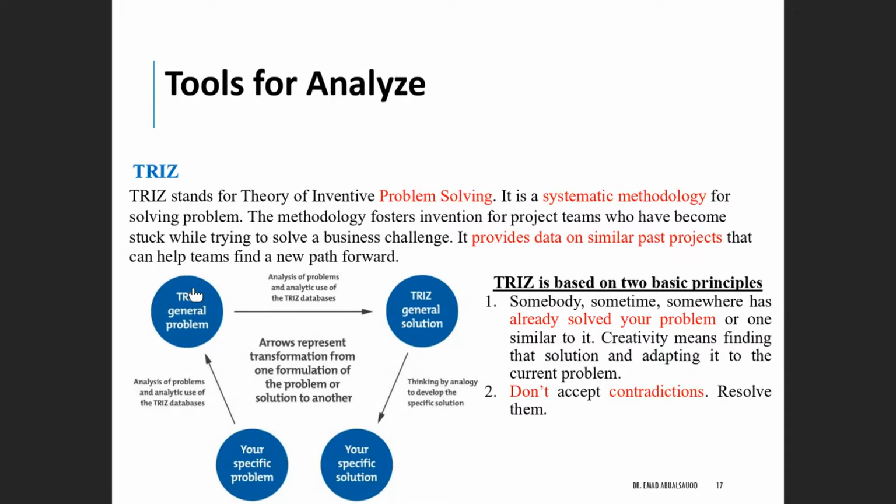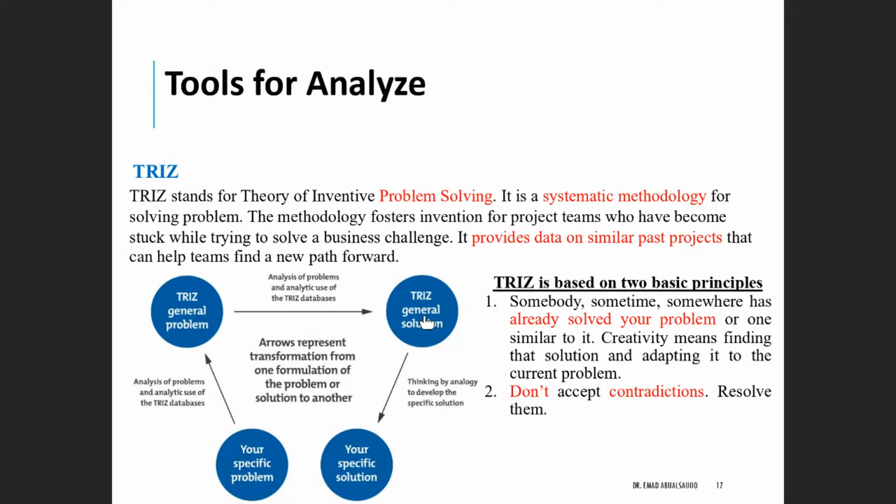How is the database systematic also when you look at it in TRIZ. You transform your problem into a general problem. And then after you transform it, again, you will look to the database of TRIZ, and then you will find a general solution that fits the general problem transformed from your specific problem.